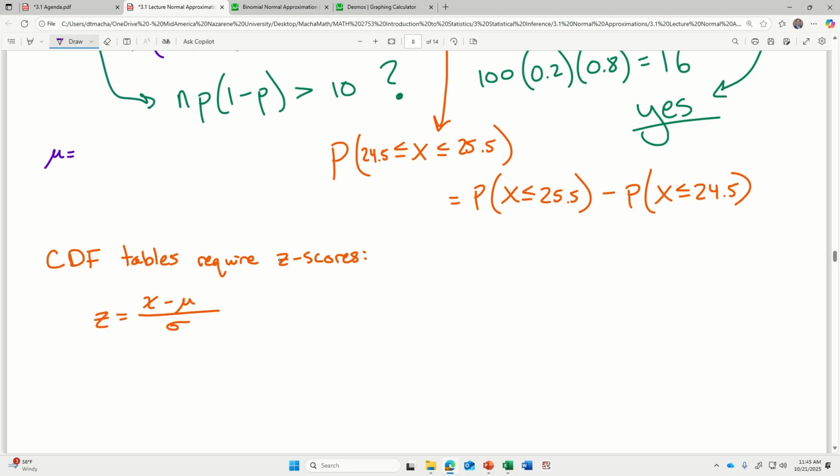Our mean here is n times p, so the mean is 20. It's 100 times 0.2. The variance here was 16, which means the standard deviation is 4. The standard deviation is always the square root of the variance. So my z-score is going to be whatever I want in terms of measurement, minus 20 divided by 4.